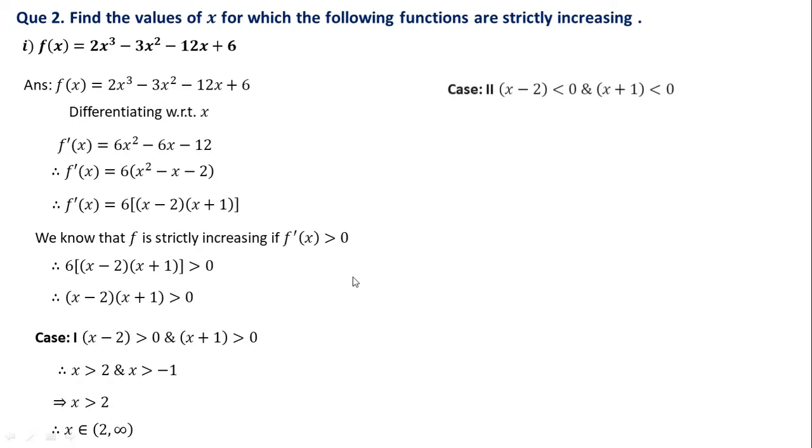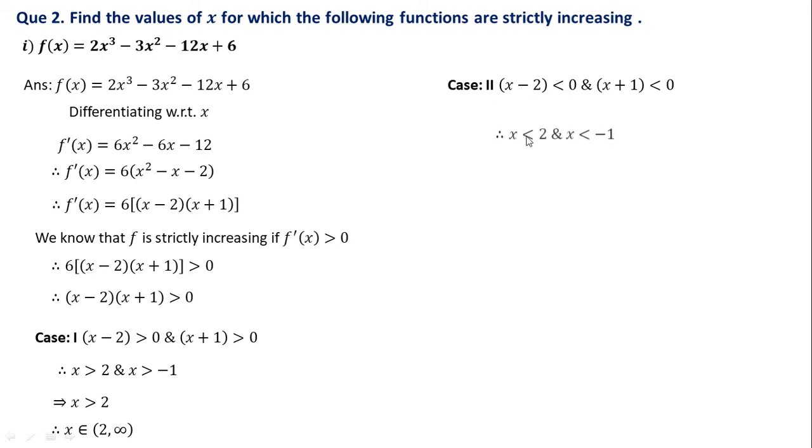Now let us take another case. If you want the product x minus 2 into x plus 1 greater than 0, then x minus 2 less than 0 and x plus 1 less than 0, because negative into negative is also positive. Means if both the numbers are negative, then the product is positive. That's why we have considered this as case number 2.